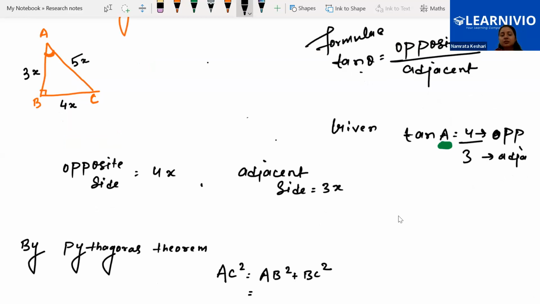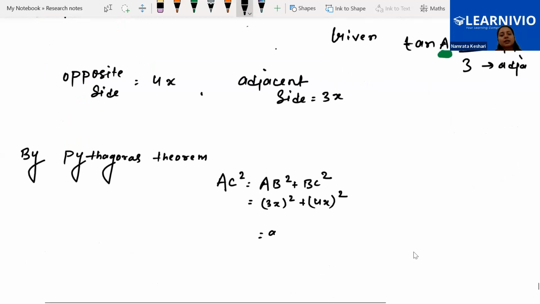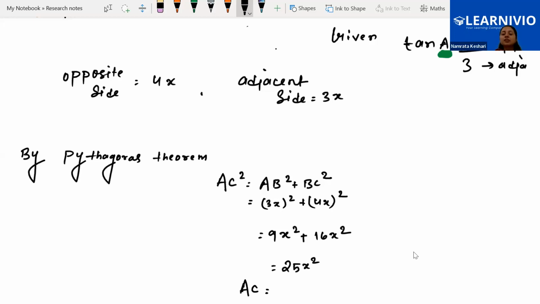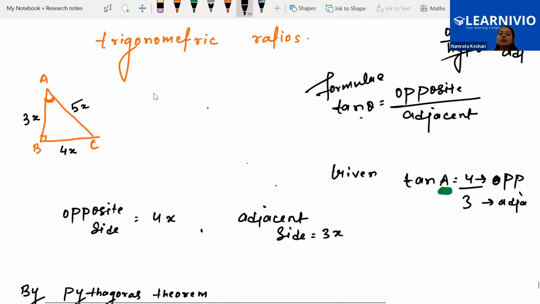AB is 3x, so 3x complete square, and BC is 4x, 4x complete square. 3x whole square will be 9x square, 4x whole square will be 16x square. Together this becomes 25x square, and hence AC will be plus or minus 5x, but we take 5x positive because we are talking about the length of the side. So AC came out as 5x.